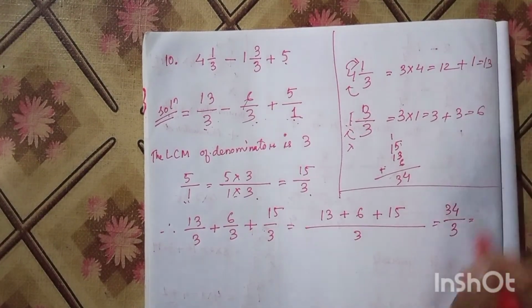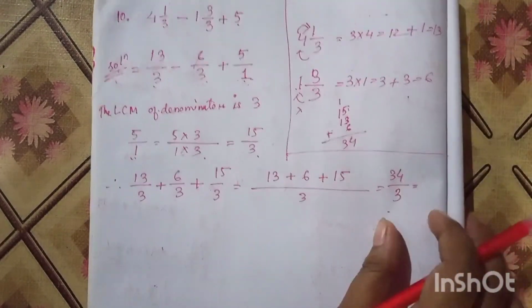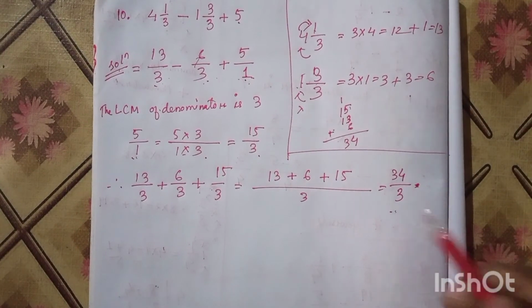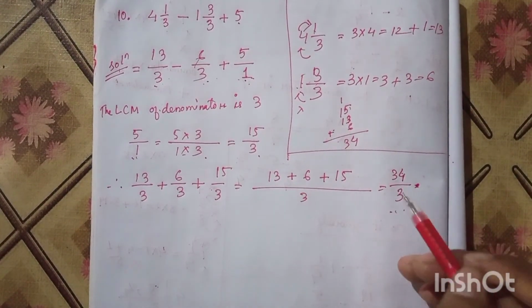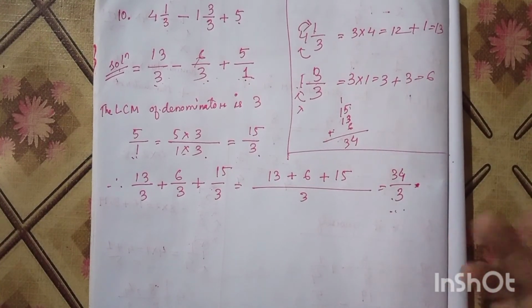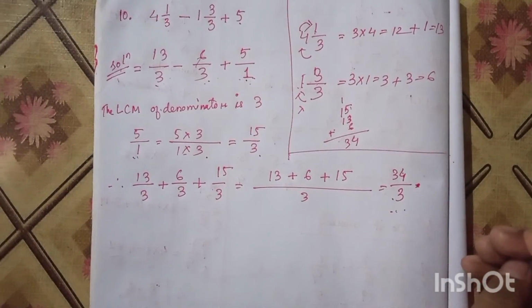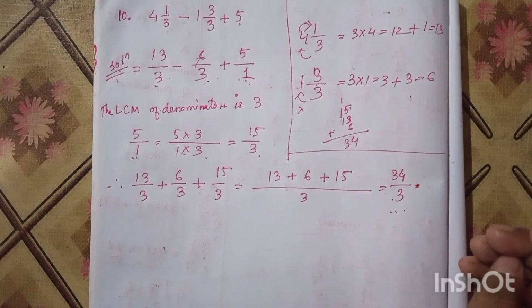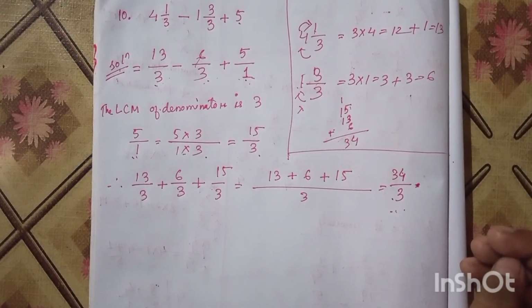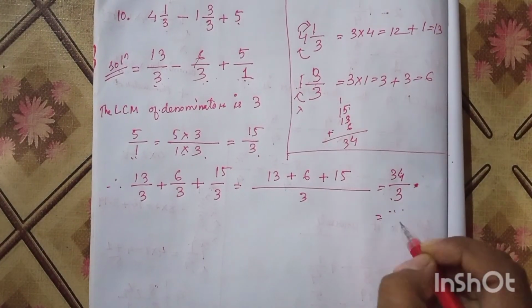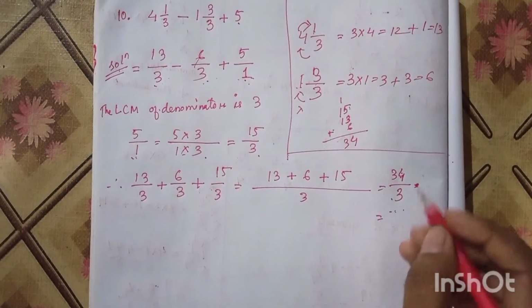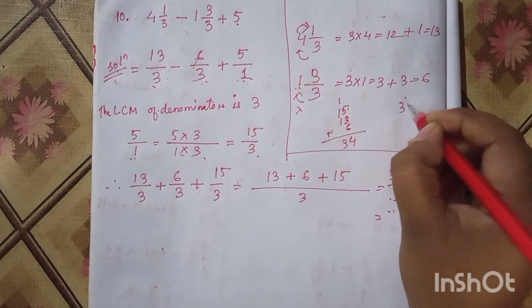Now we got the answer: an improper fraction. The numerator is bigger than the denominator, so we will convert this improper fraction into a mixed fraction. Dear students, please keep this in your mind: whenever you get an improper fraction, you need to convert it into a mixed fraction.